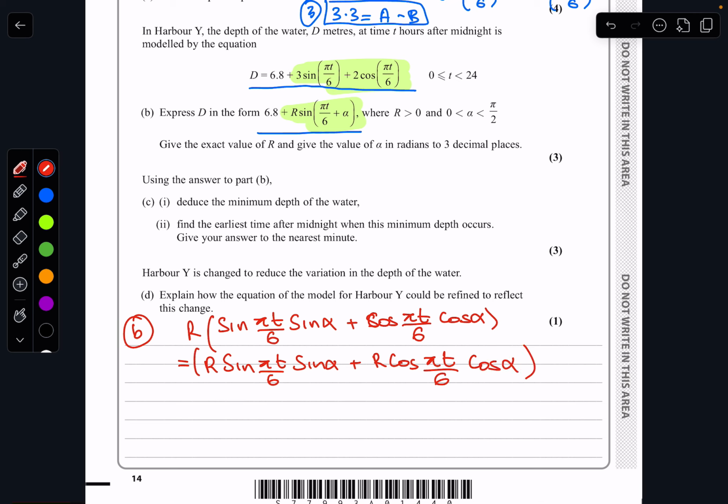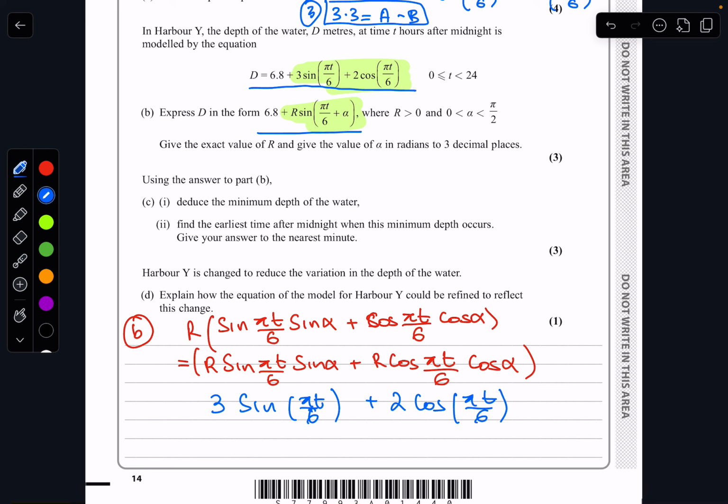Now we can compare that with the equation that we have from above, and that becomes 3 sine pi t over 6 plus 2 cos pi t over 6.